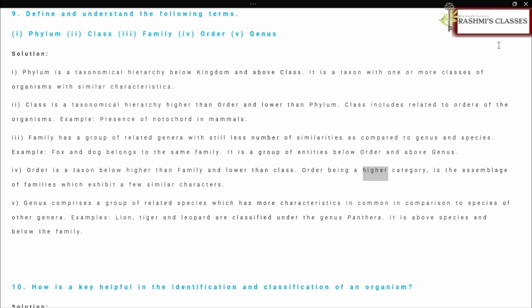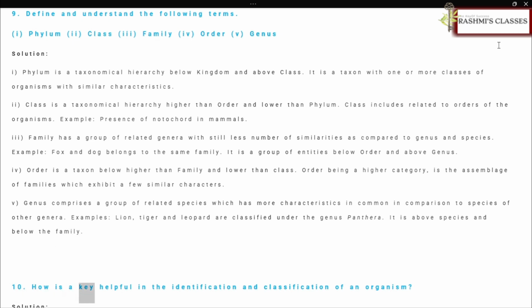Order, being a higher category, is the assemblage of families which exhibit a few similar characters. 5. Genus comprises a group of related species which have more characteristics in common in comparison to species of other genera. Examples: lion, tiger, and leopard are classified under the genus Panthera. It is above species and below the family.